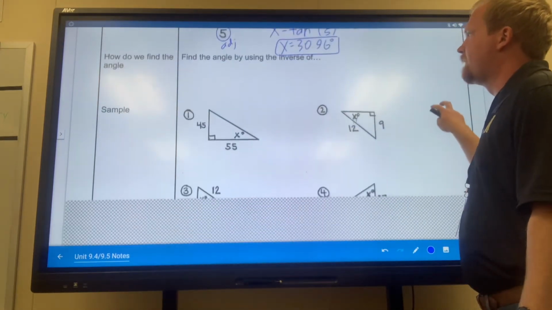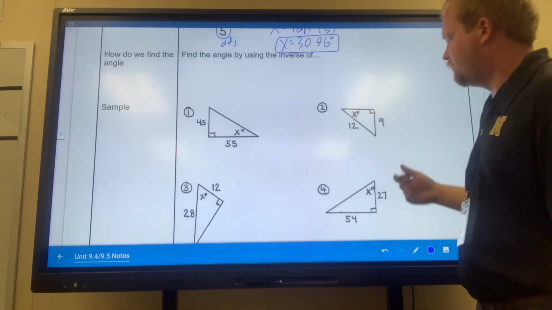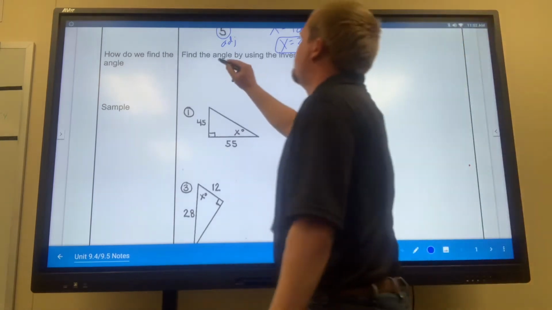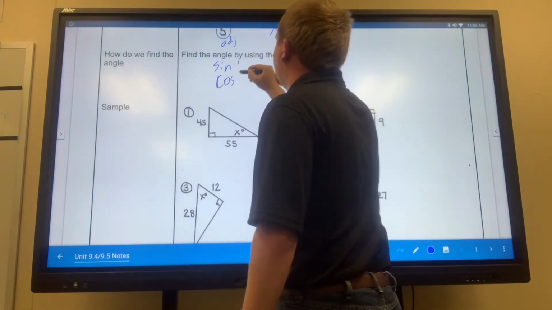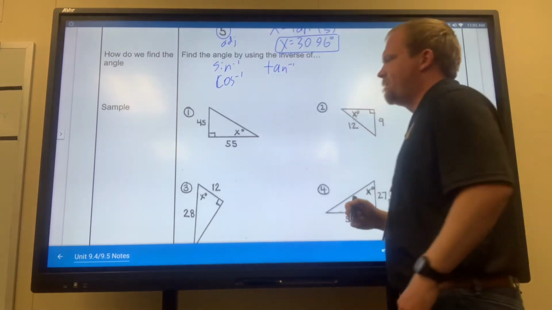So again, as far as finding the angle, we use the inverse of sine, inverse of cosine, and inverse of tangent.